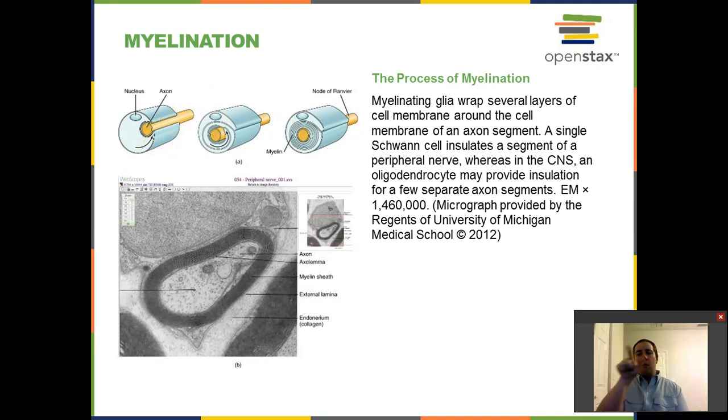And it wraps and wraps and wraps, and it gets thicker and thicker. Now, it's not important for you to know, but that myelin is made primarily of lipids. It's kind of a fat layer insulating around it. There's no new information on this slide, and I wouldn't worry too much about the diagram or the slide, but it might help you just picture what's going on a little bit better.